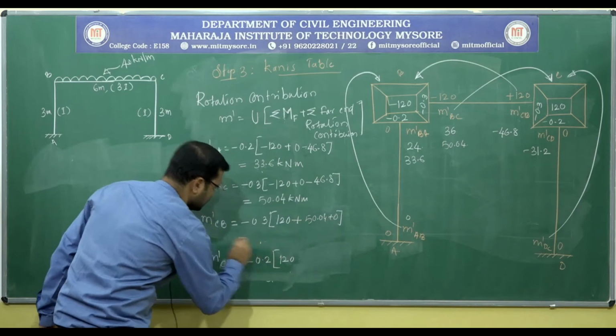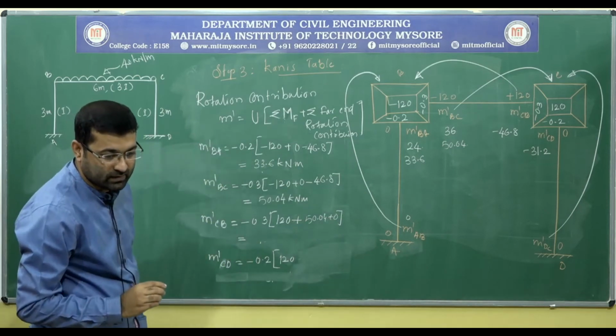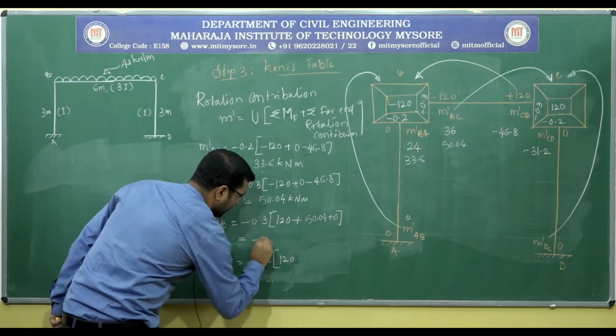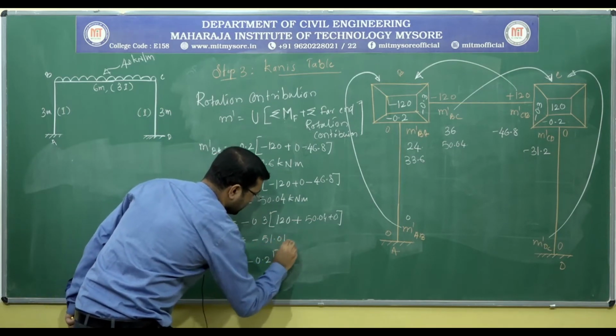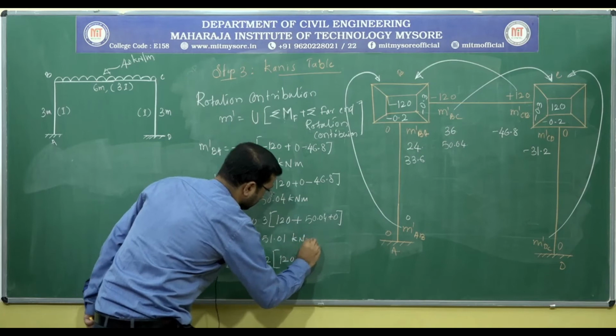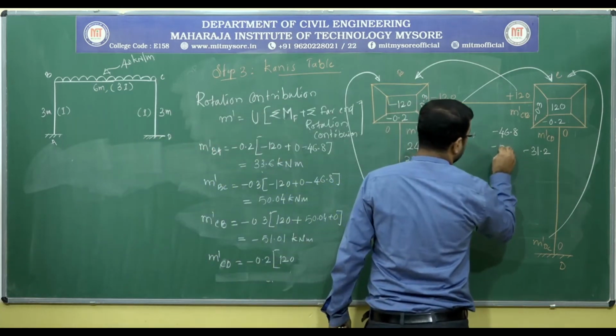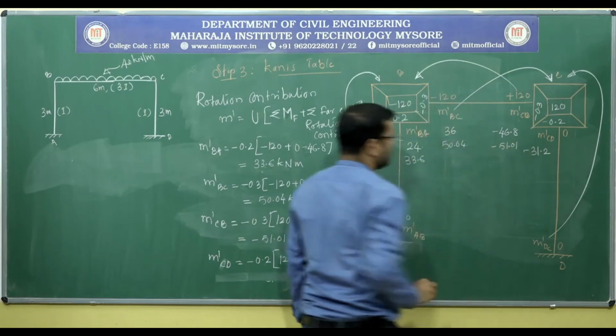So this gives us a value of minus 51.01 kilonewton meter. So this I am going to write here, minus 51.01.